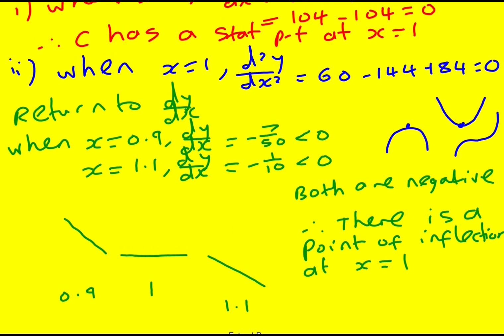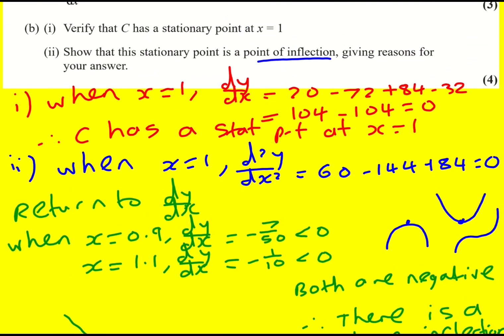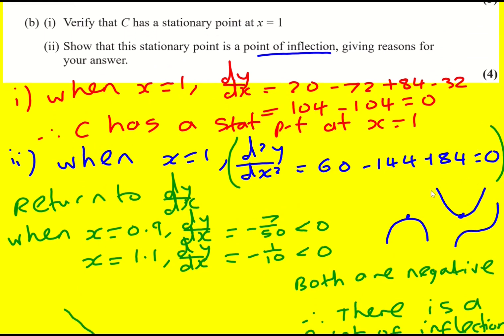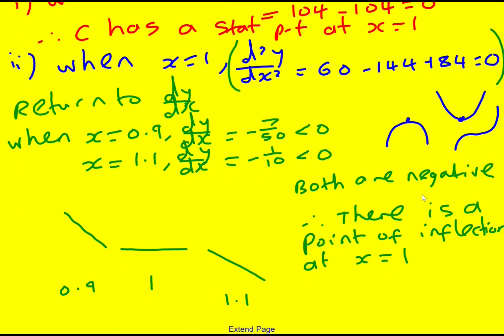So whenever you're classifying a stationary point, try out d2y by dx squared. We kind of knew that it was going to be 0 here, but it's still a good check that we've done part A correctly. And then return to the gradient, because it's quite a nice visual representation of what's going on. We can see the point of inflection just by choosing some points. It's negative, then 0, then negative.